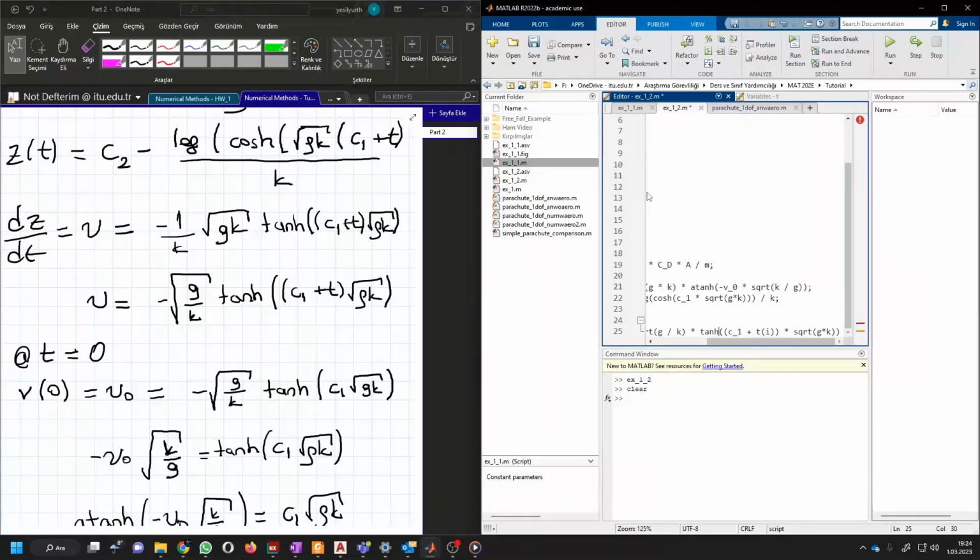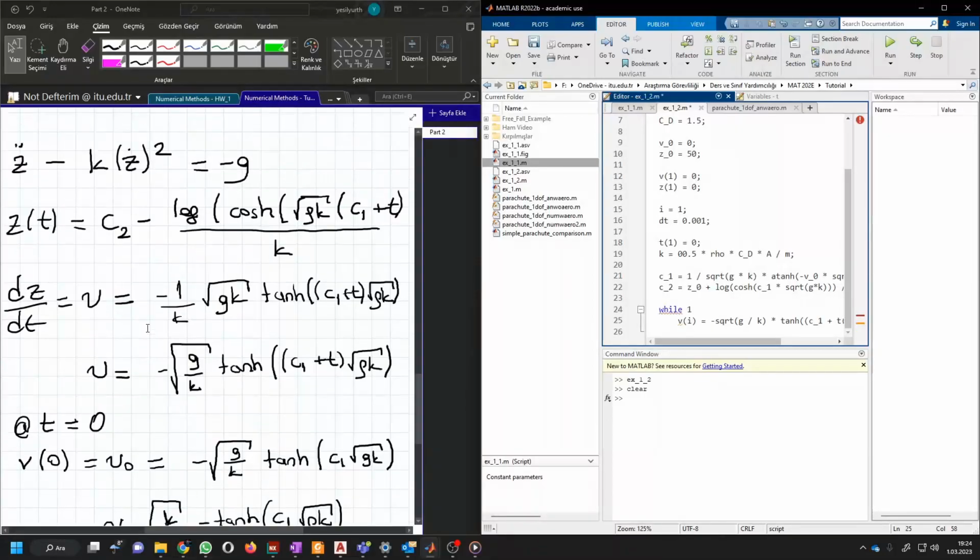I hope I won't make a parenthesis mistake here. It will be very cumbersome to solve. This is square root of g times k. This is tangent hyperbolic. Okay.